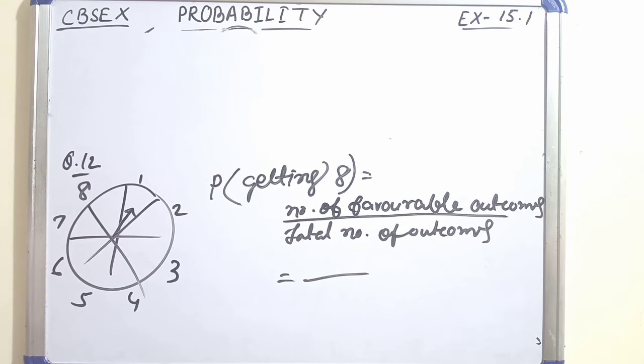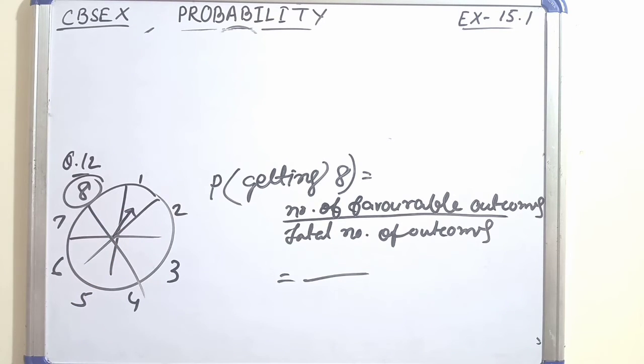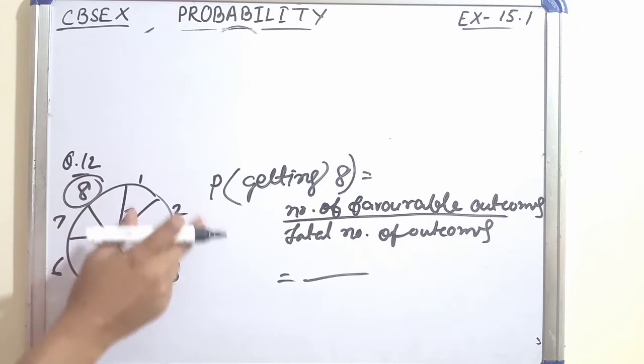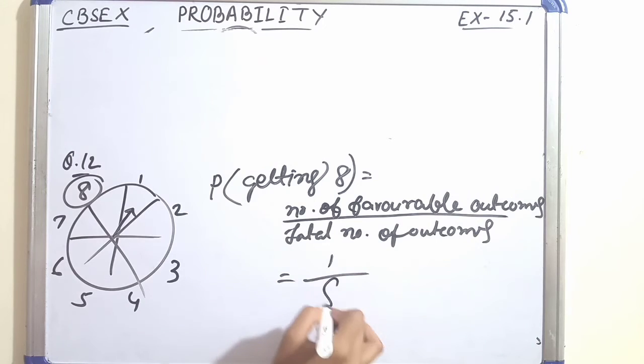So here, getting the number 8 means only one possibility, number of favorable outcomes only one, and total number of outcomes 1, 2, 3, 4, 5, 6, 7, 8, that means 1 upon 8.